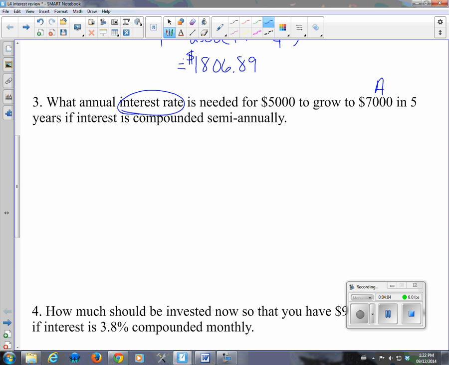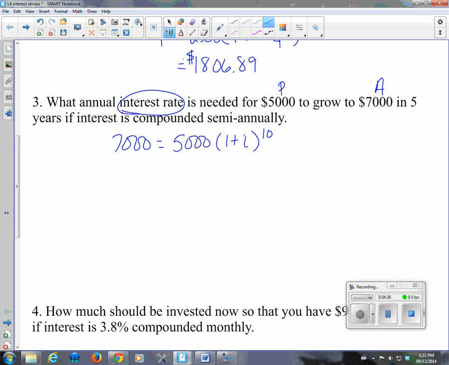So the A is the accumulated amount, so it's always the larger. And interest is compounded semi-annually for 5 years. So we have $7,000 and our principal and 1 plus i. And 5 years, twice a year would give me an exponent of 10.